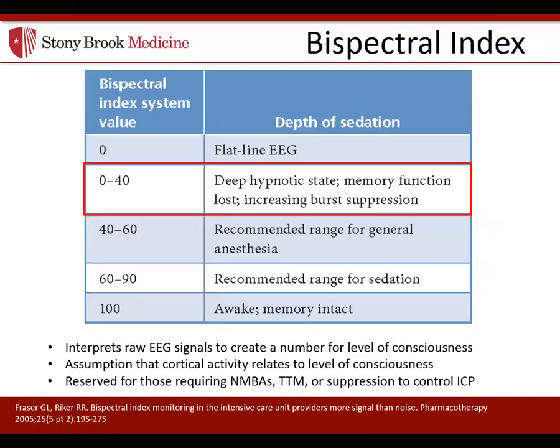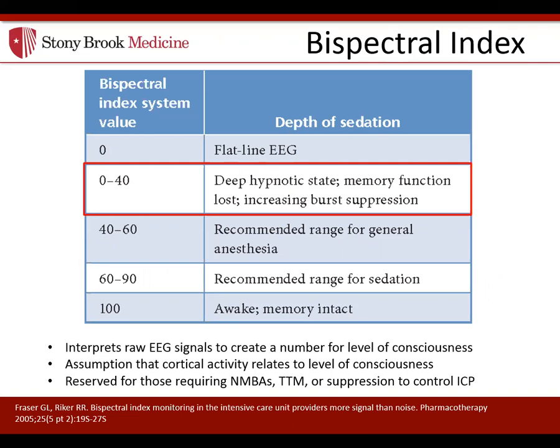And then the last monitoring for sedation is the bispectral index, and this is considered more objective because it's able to interpret raw EEG signals and create a number for the level of consciousness versus just nurse or provider monitoring.